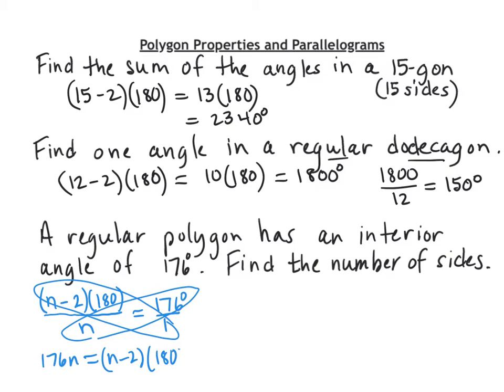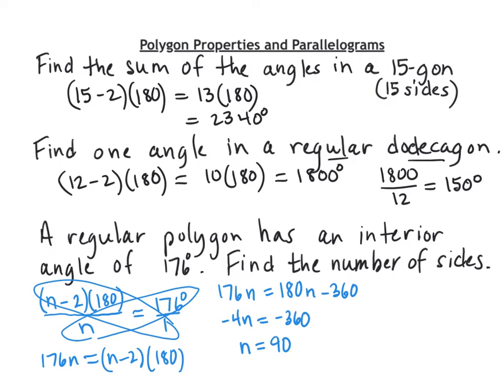Now distribute. 176n equals 180n minus 360. Let's subtract 180n from each side. We get negative 4n equals negative 360. Divide both sides by negative 4, and I see that n is 90.